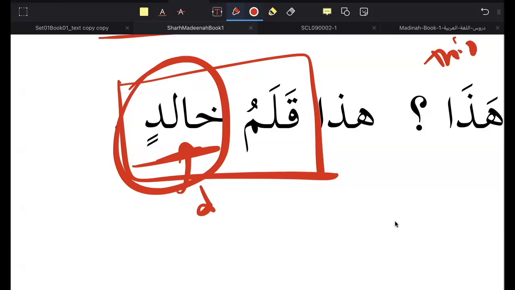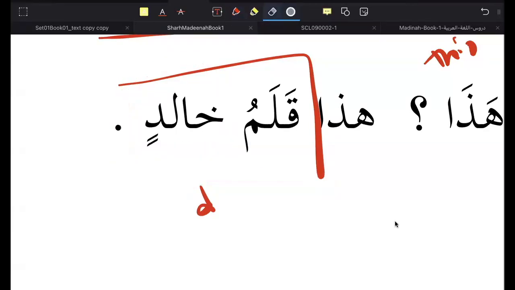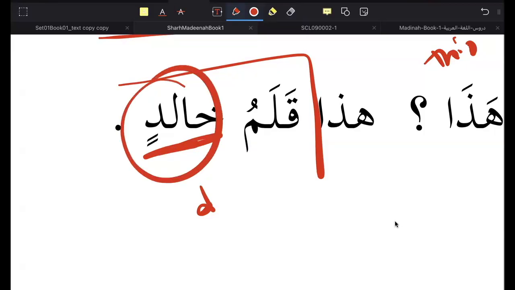So we don't usually use this type of possessive construction, even in English. Yes, we can construct it, but by and large, we don't use it. So we're not saying it, but you will see a lot of time we will have this one as indefinite as well. So this word can be definite or indefinite, but most of the time it will be definite. Okay, so just keep that in your mind.